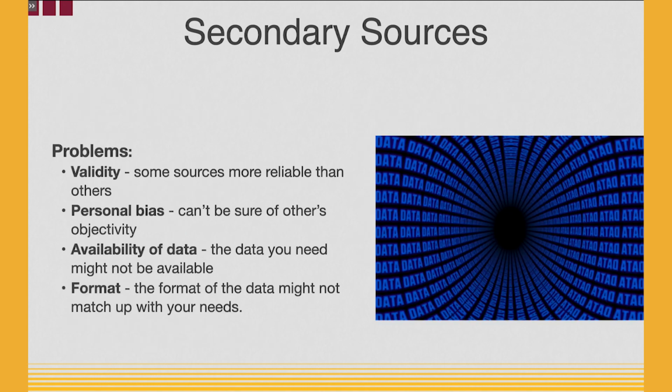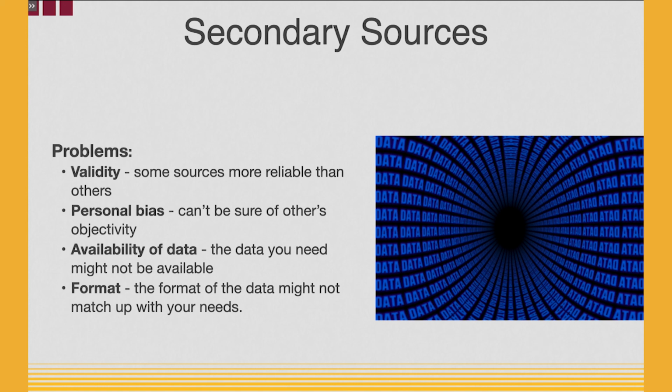There are some problems you might encounter with secondary sources. The first is validity. Some sources will be more reliable than other sources. So make sure that wherever you're getting that secondary data from, it is a legit and viable source of data.